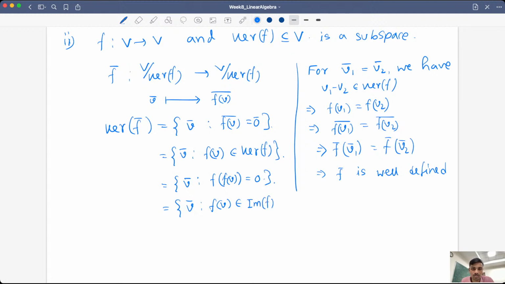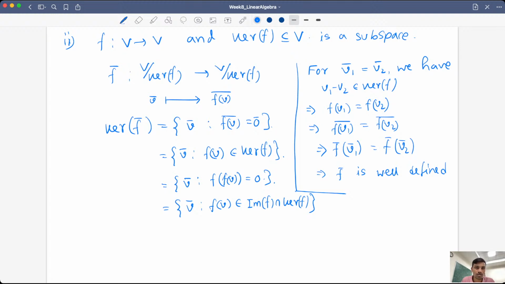Obviously it belongs to image f, and now this condition implies that this also belongs to kernel f, right? But the intersection is 0, so f of v must be 0. Once f of v is 0, then this again implies that v bar is 0. If we assume the first statement, then this is 0. Okay, this is fine. This is kernel of f bar.